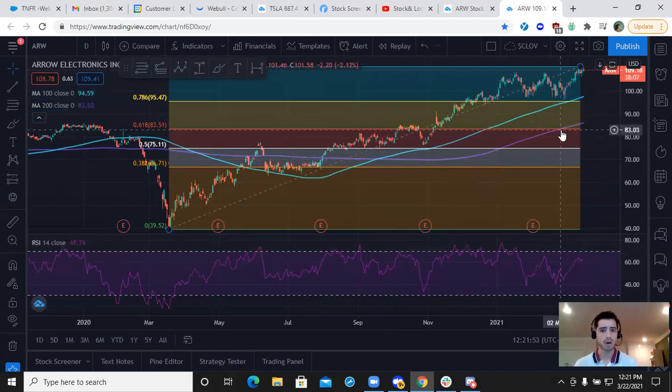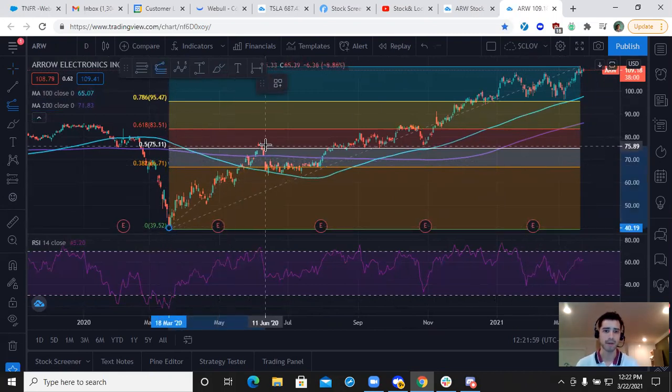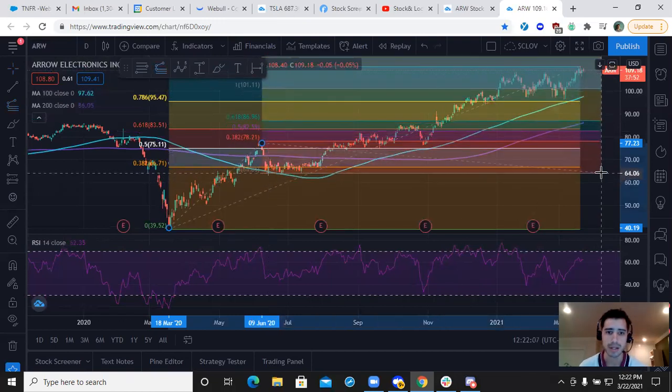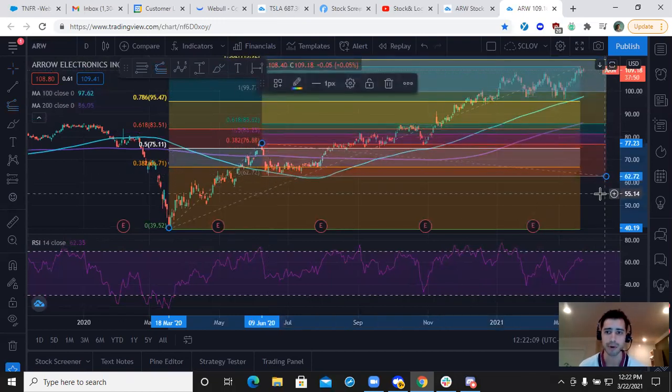And then also, if we look at the extension for some exit points, we want to take it from the bottom of that first impulse wave, come up to the top of the end of the first impulse wave, and back down to that pullback, okay? So that will give us some good exit points for this stock.